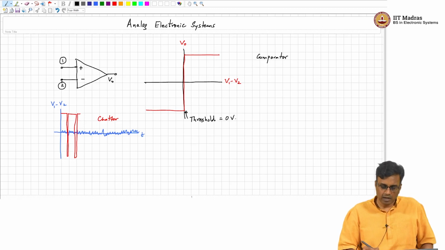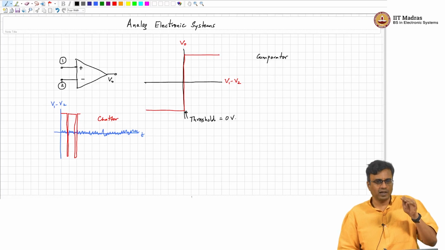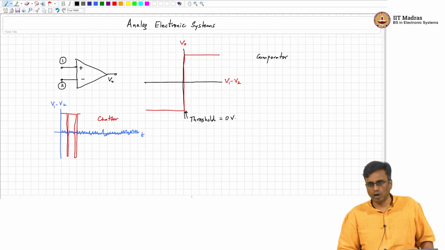So if the input is small and positive, the noise on the input is basically causing the difference to cross the threshold, and that is why the comparator is firing and the output of the comparator is going to the negative rail.